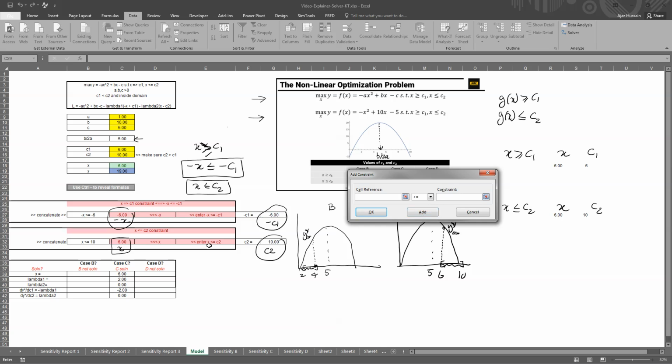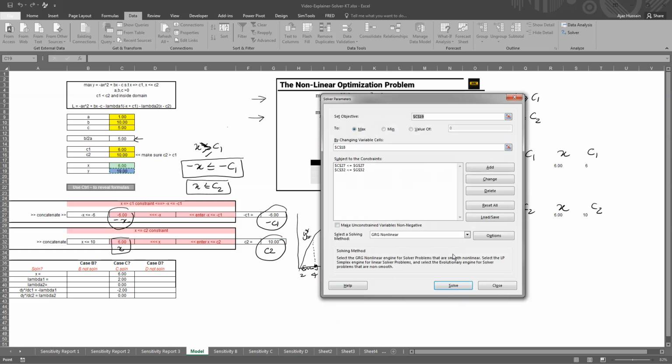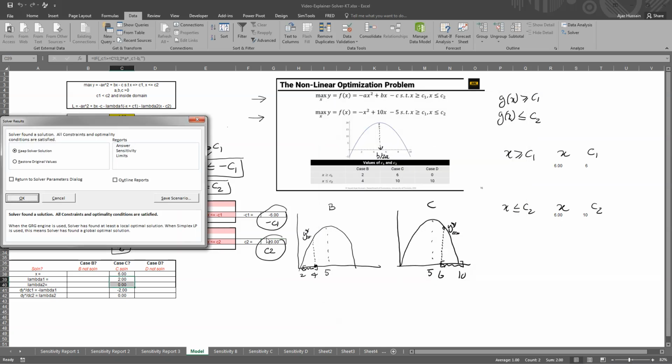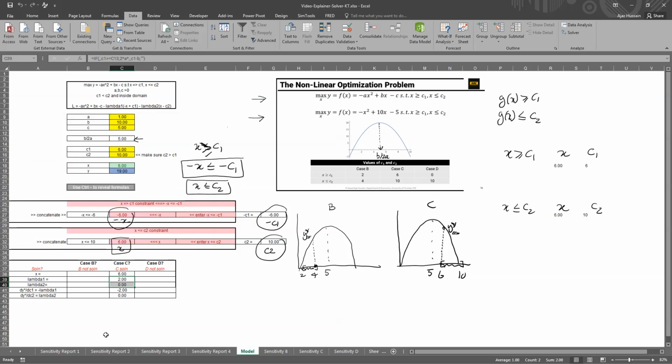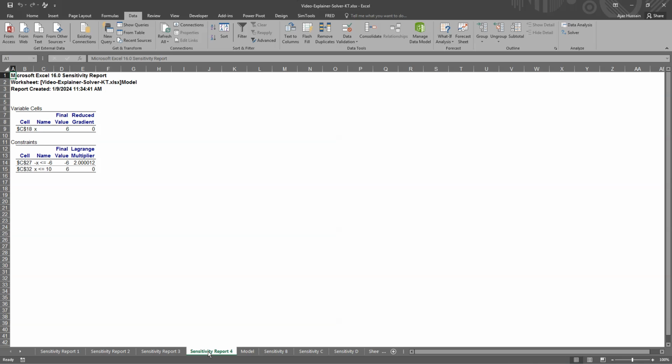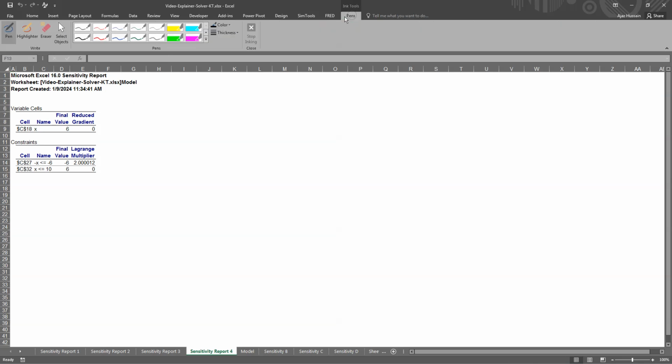I also want to say that x is less than or equal to c2. I'll say OK. I solve, and I ask for the sensitivity report, and this time you'll notice that the sensitivity report gives you the right Lagrange multiplier. Right? It now gives you lambda 1, which is the correct sign.